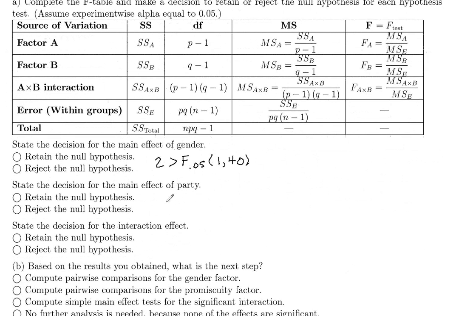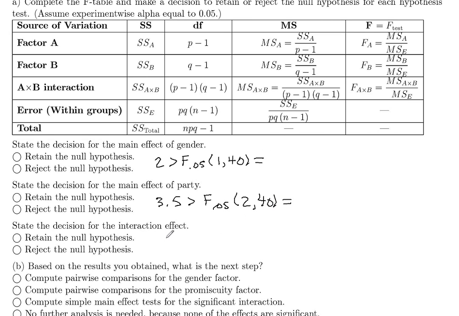And then our next test statistic for party was 3.5. We test and see if that is greater than the table value for 0.05 when the degrees of freedom for party is 2. For error, it's still 40. And we'll look that table value up in just a second.